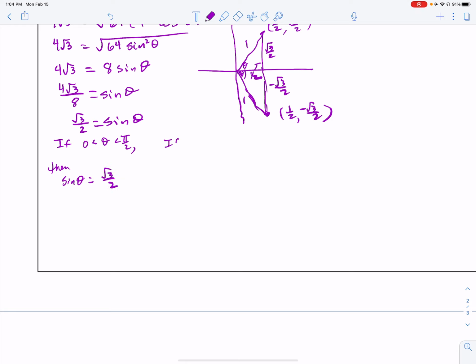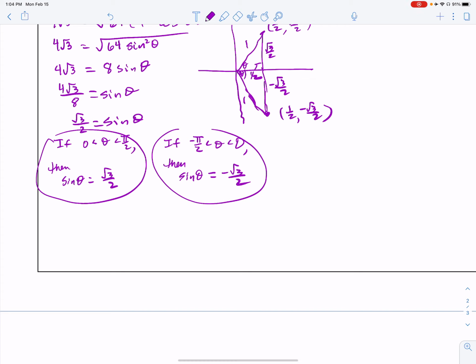However, if negative pi halves is less than theta is less than 0, then sine of theta is negative root 3 over 2. So we've got that answer for quadrant 1, this answer for quadrant 4.